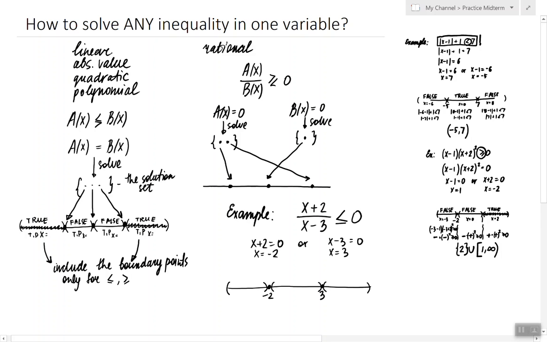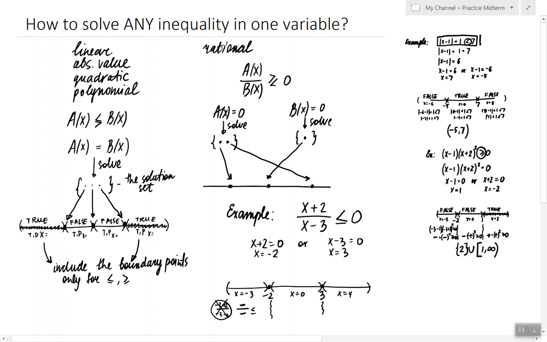Let's pick a test point. And just like with polynomials, in this case we don't have to evaluate the fraction, we can just keep track of the sign of that fraction. So for example, at negative 3, negative 3 plus 2 is negative, and negative 3 minus 3 is also negative. I'm not computing this, I'm just looking at the sign.